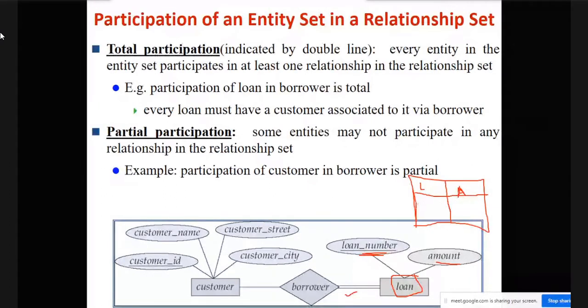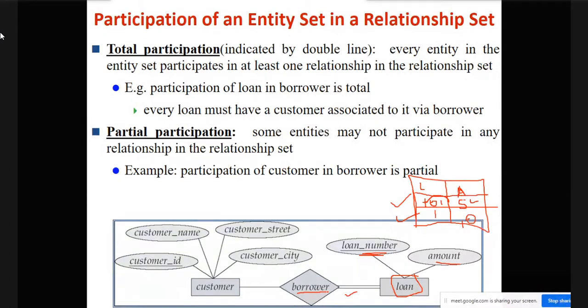Suppose loan number 101 has taken 5 lakh. Similarly 102 has taken 10 lakh, right? So whatever these entities, this is one entity, this is the second entity, all of them from my loan relation are participating in the borrower, means they have borrowed the loan, correct?